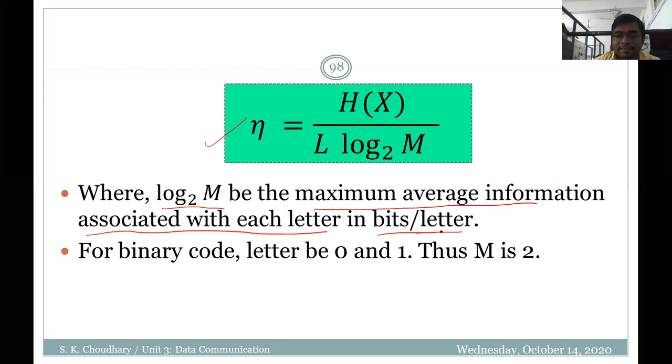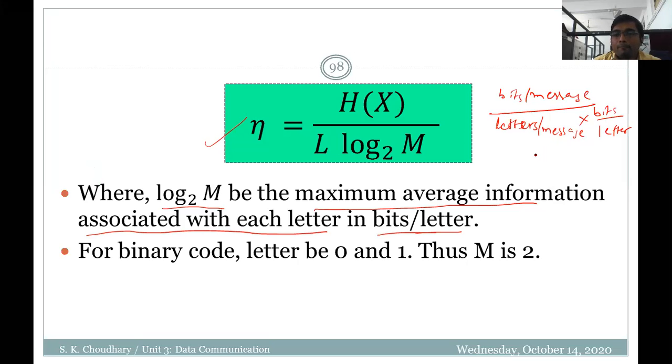Okay, so H(X) has the unit bits per message. L has the unit letters per message. Then again it would be bits, log base 2 M is bits per letter.